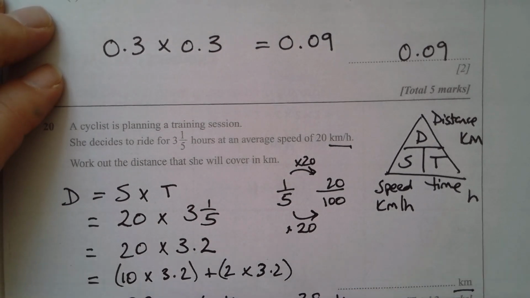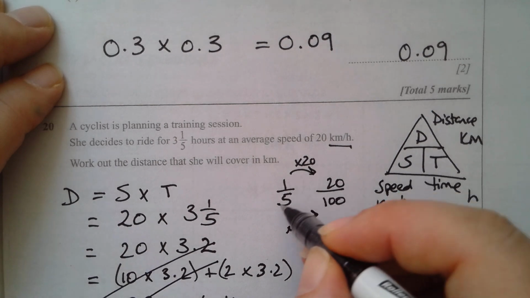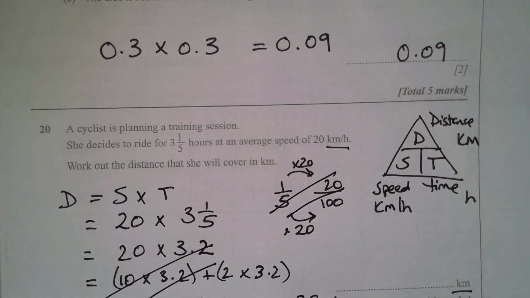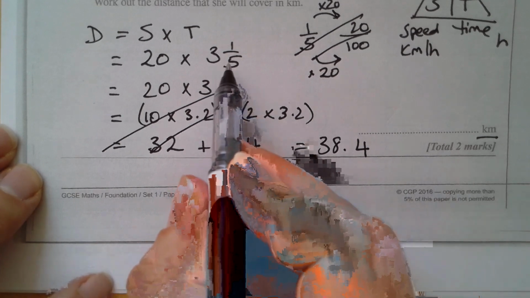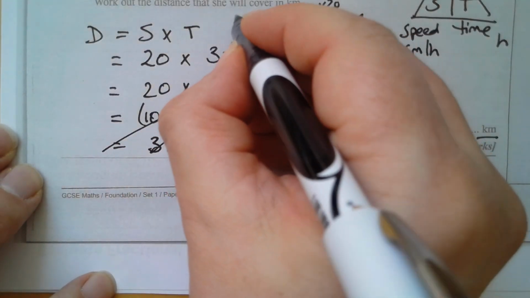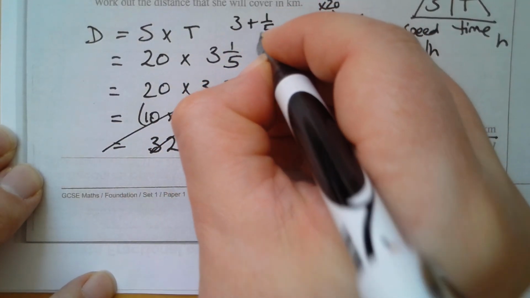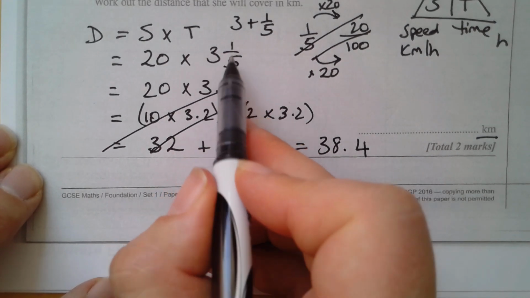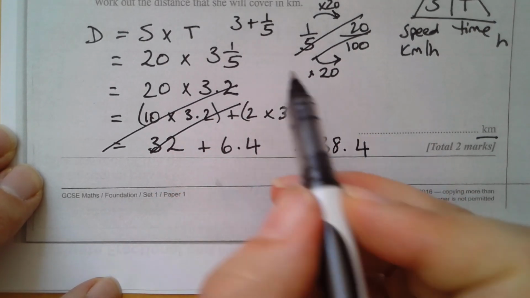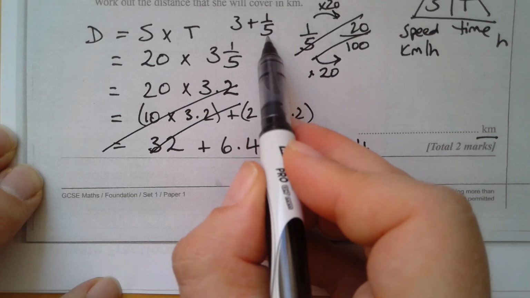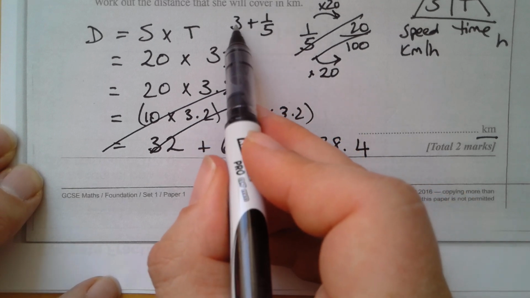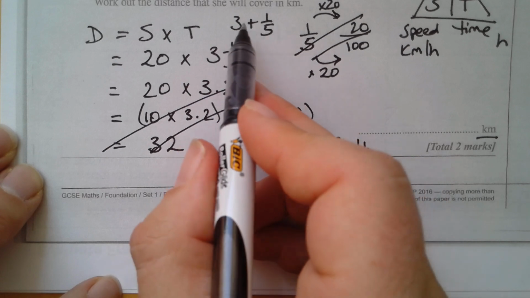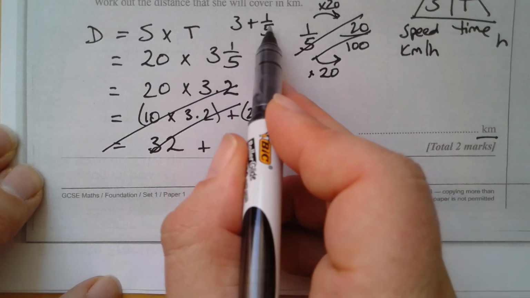Okay, rethink. I'm going to cross this off, and we're going to start that again down here. So 20 multiplied by 3/5. It's not 3/5 actually, it's 3 1/5. This is like saying 3 plus a fifth. This is where I went wrong before. So what we're doing here is we can use distributivity. We're going to expand this.